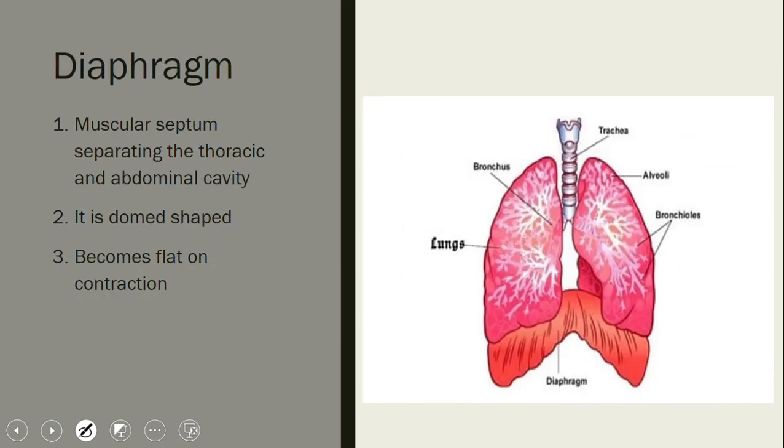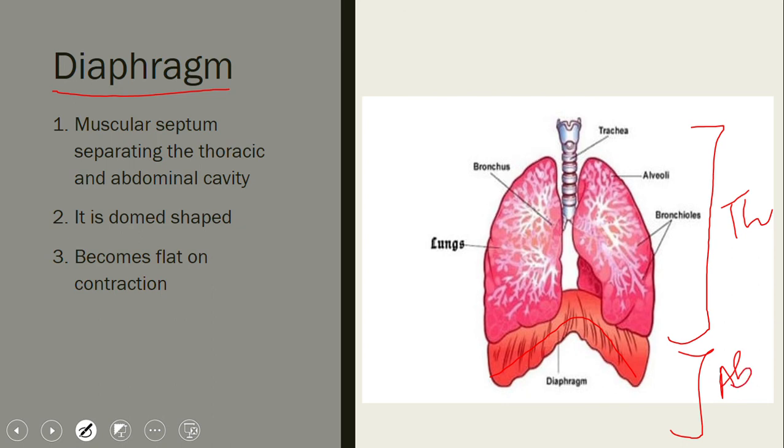The last part we come to among the organs of respiration is the diaphragm. Now this diaphragm is a septal structure. It is a septum which is separating the upper thoracic cavity from the lower abdominal cavity. This is the upper cavity which is thoracic, and this is the lower which is the abdominal cavity.